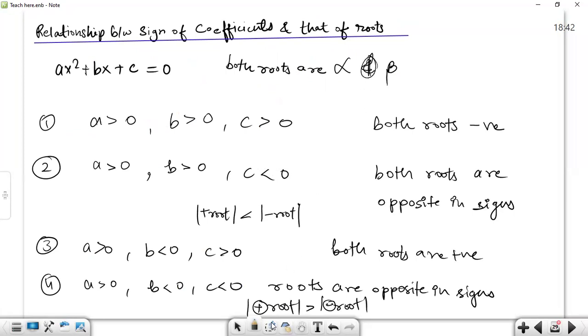Now we will discuss the signs of A, B, and C. If A is positive, B is positive, C is positive. Do you often get confused with the inequality sign, whether it is saying less than or greater than?